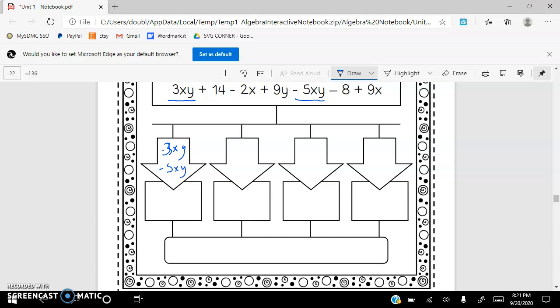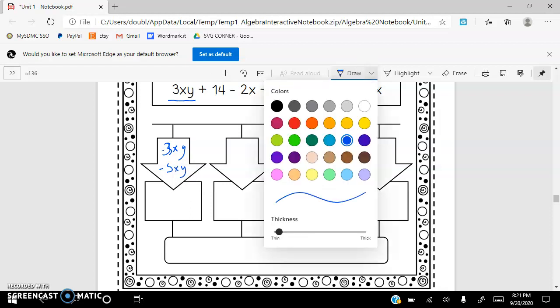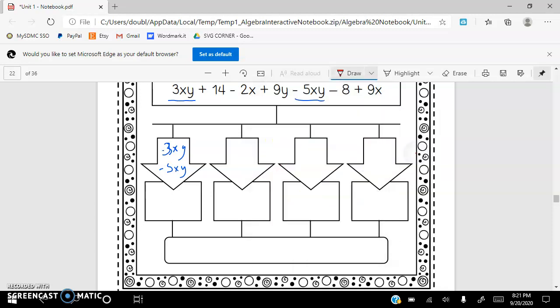Okay. Let me change colors. Now let's go to the x's. So we have a negative 2x and a positive 9x.